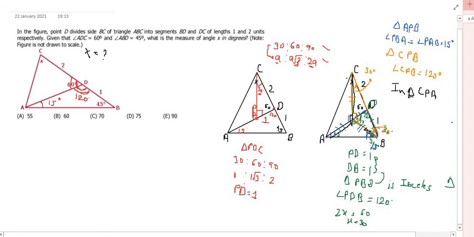Since these two sides are equal, PC is equal to AP, both the angles are equal. Now one of the angles is 90 degrees, so the other two angles are going to be 45 degrees each. So what is the degree measure of x? x is basically this entire angle. So this entire angle will be 30 plus 45, which is 75 degrees.